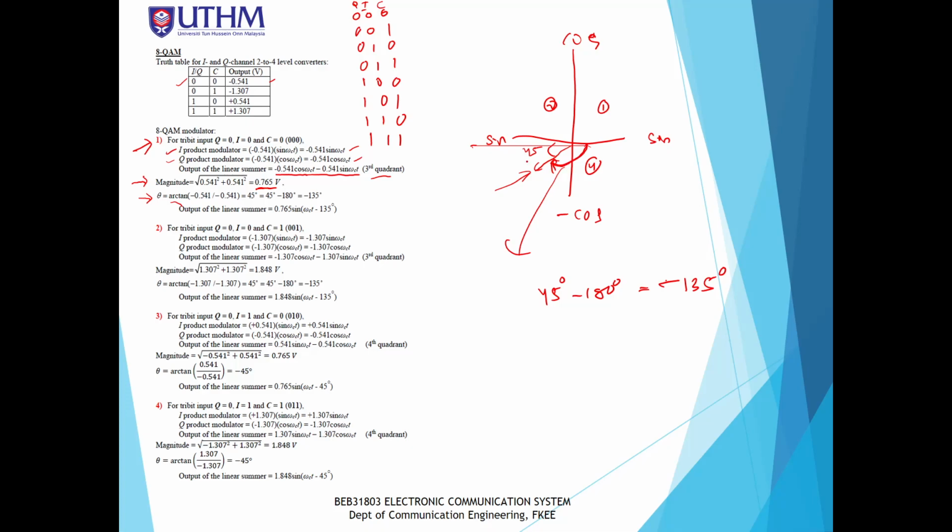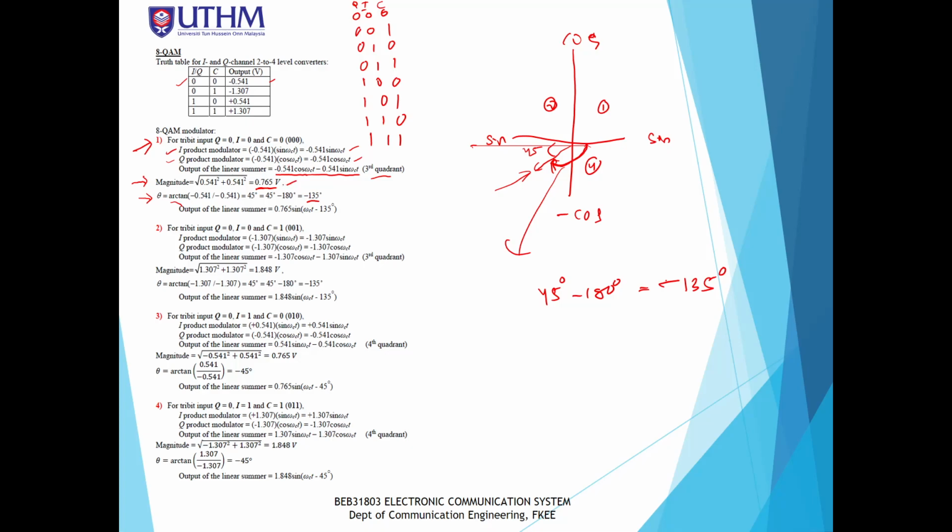So if we are using a clockwise direction, it is negative. Normally we use anti-clockwise. If it is anti-clockwise, it is a positive angle. So this is mathematics. If it is clockwise, that means it is negative 135 degrees. So negative 135 degrees for the phase, and the magnitude is 0.765.